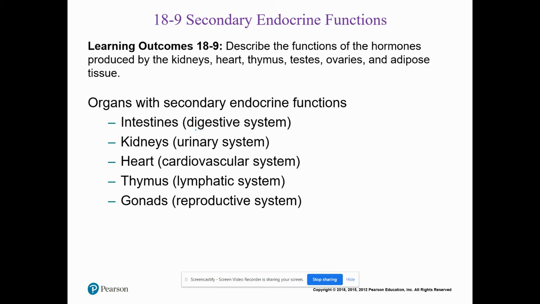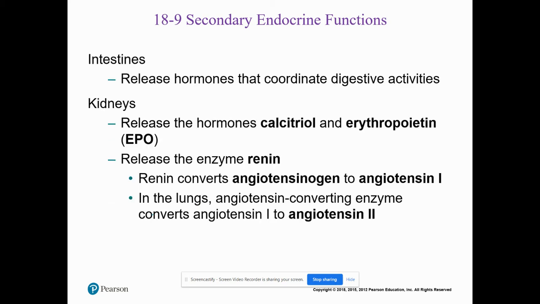So the digestive system, urinary, cardiovascular, pulmonary, and the lungs should be in there too. Lymphatic for the thymus, and then reproductive for the gonads. So it impacts a lot. And then you've got intestinal, which obviously coordinates digestive capabilities.